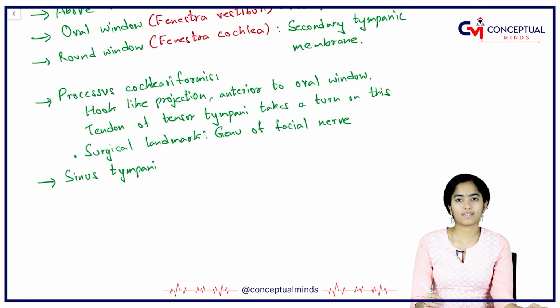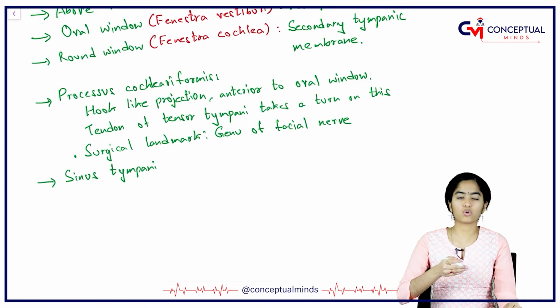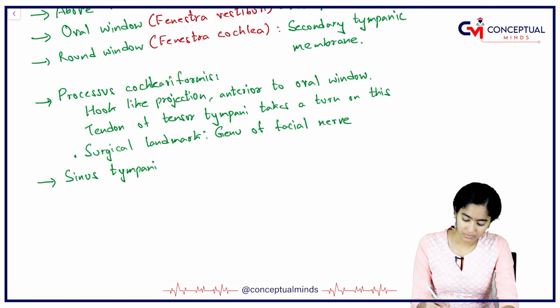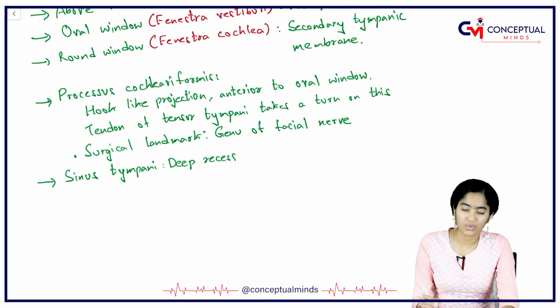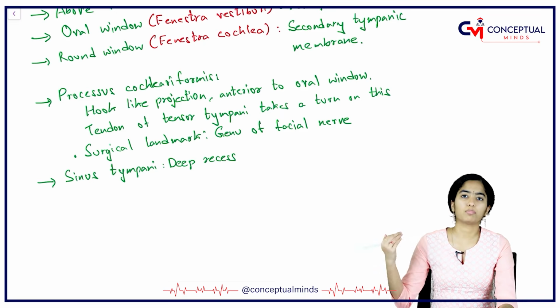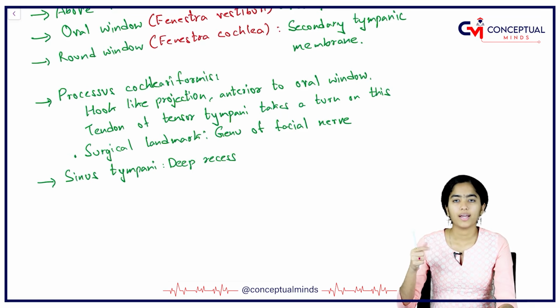It can also be considered a part of the posterior boundary, at that posteromedial junction. This deep recess is medial to the pyramid. I told you on the posterior wall we have the pyramid. It lies medial to the pyramid.